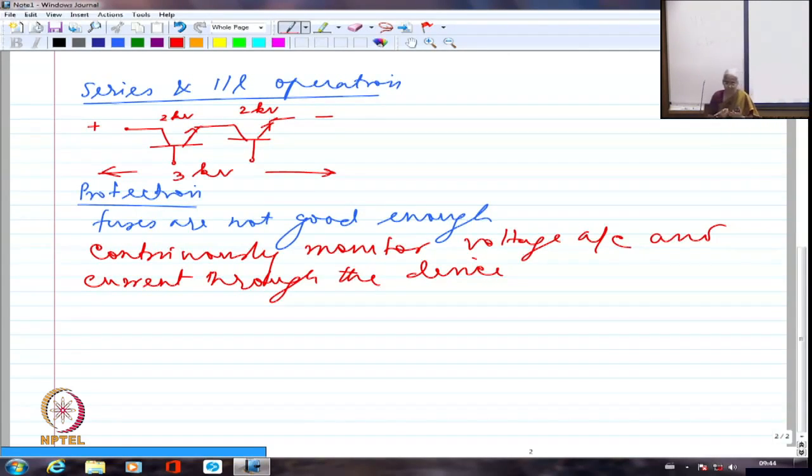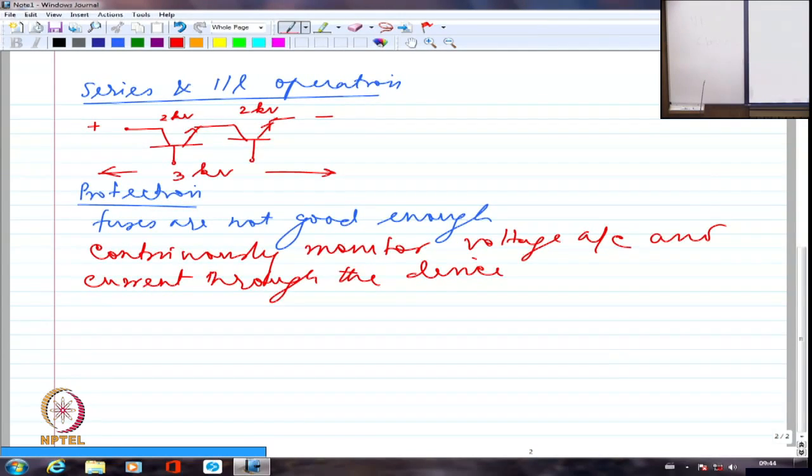So that can really create a major issue in transistors, because it is quick and because of which you don't have time to respond. You don't have any protection devices that can respond right away. So you are not going to be able to protect any of them very quickly.